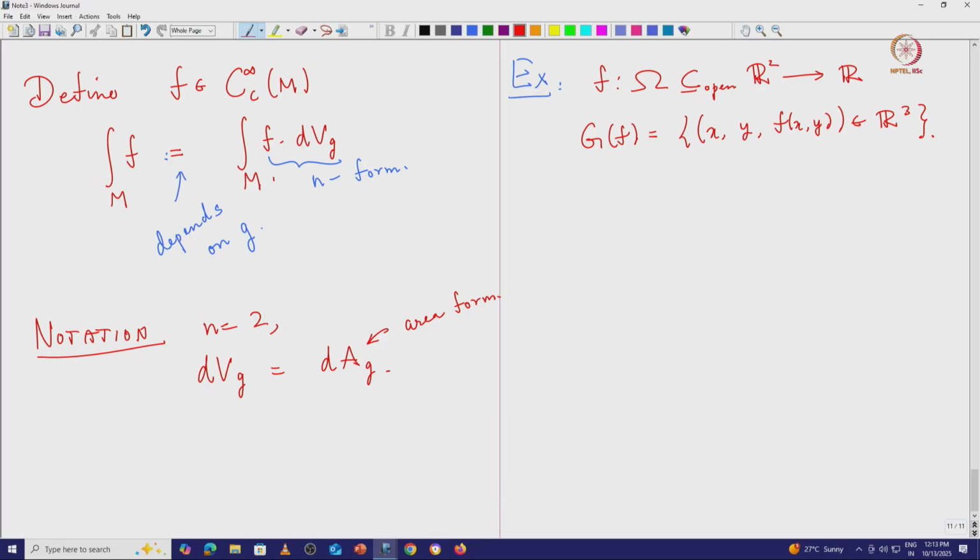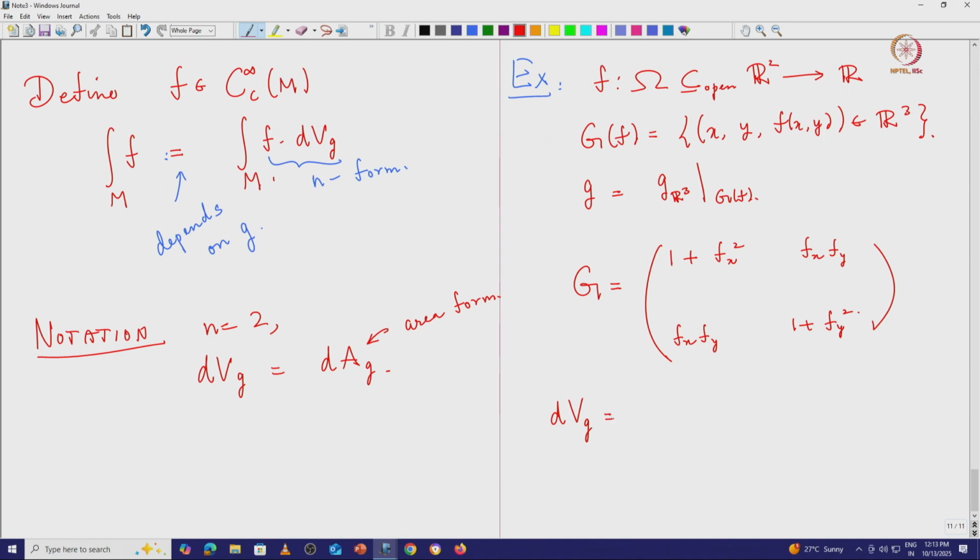Let g be the restriction of the Euclidean metric to the graph. Corresponding to that we have the matrix, and we saw a few lectures back that it has the form 1 plus fx squared, fx fy, fx fy, and 1 plus fy squared. Now if you calculate the corresponding volume element, it is a simple calculation.